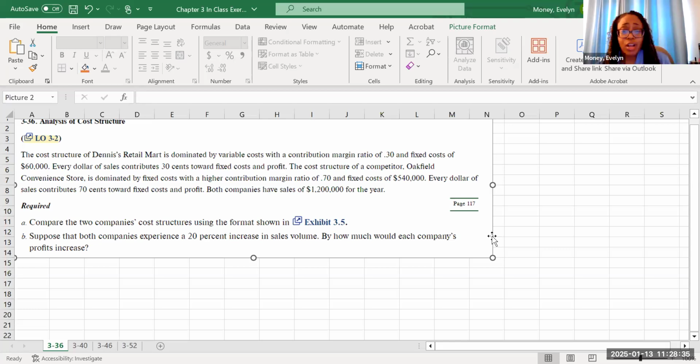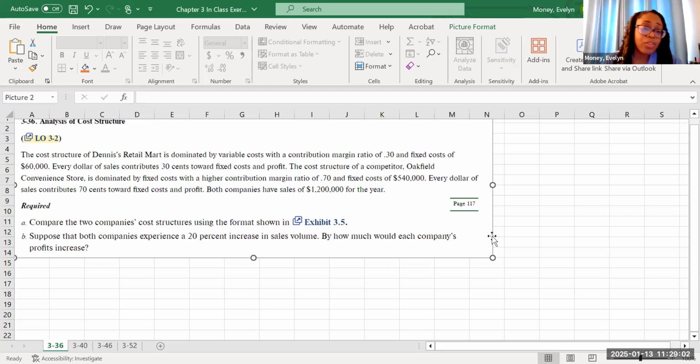The cost structure of a competitor, Oakfield Convenience Store, is dominated by fixed costs with a higher contribution margin ratio of 70% or 0.7 and fixed costs of $540,000. Every dollar of sales contributes 70 cents towards fixed costs and profit. Both companies have sales of $1.2 million for the year.